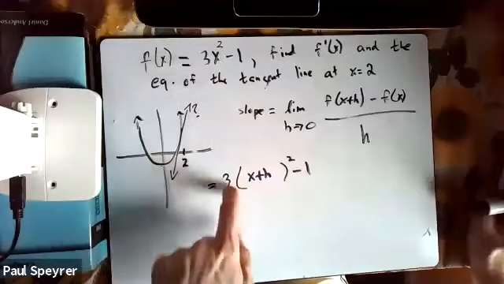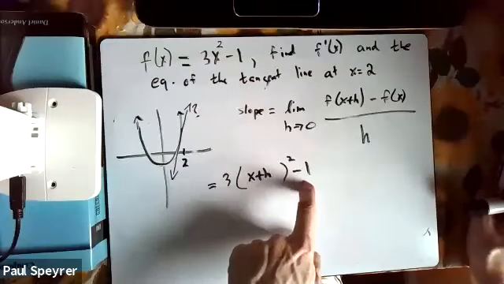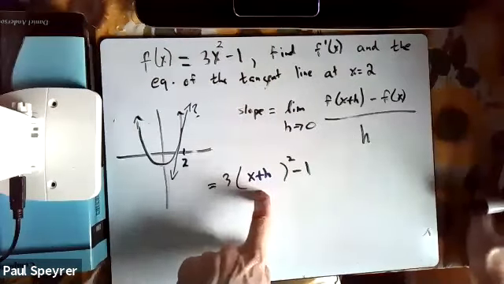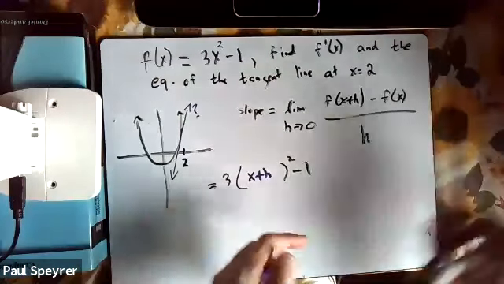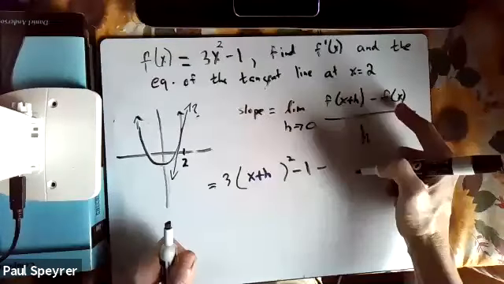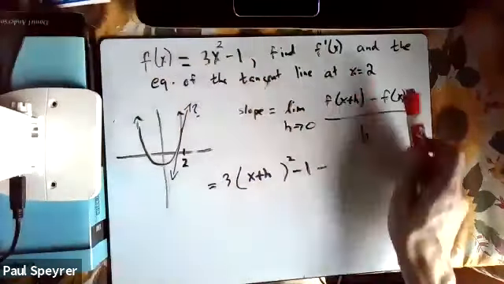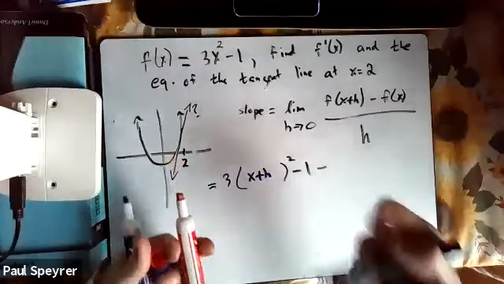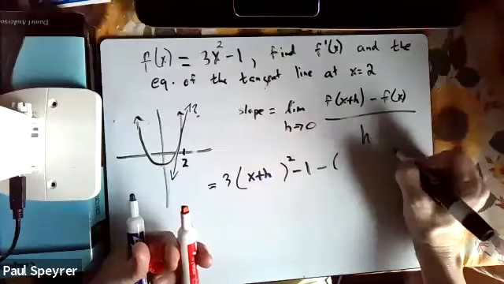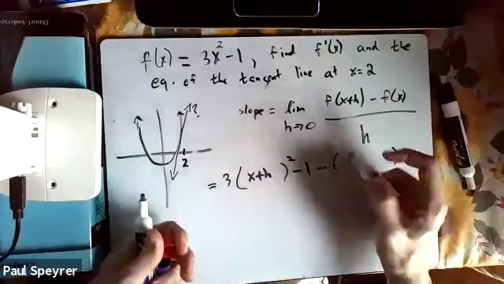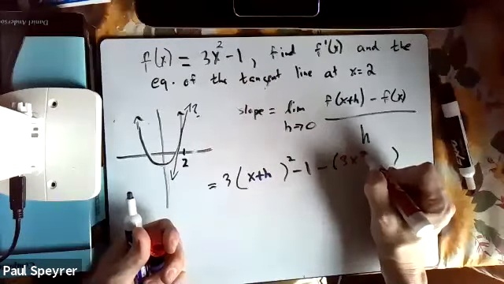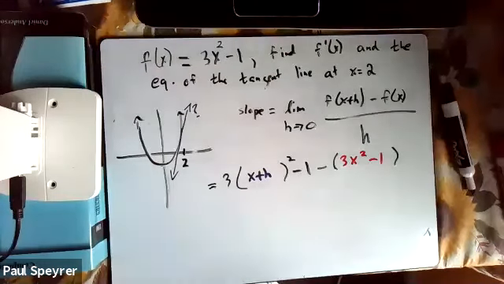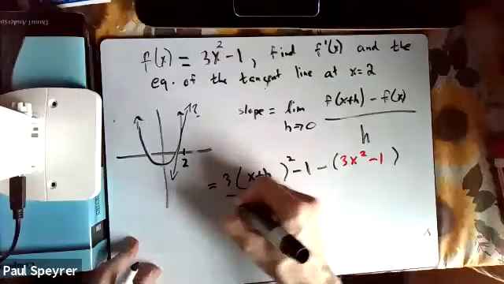But I still got to have the 3, and I still need the minus 1. That's still also important, okay? So this whole chunk right here is just the f of x plus h. We still need the f of x part, minus f of x. What is that? That's the entire original equation. And it's all divided by h.